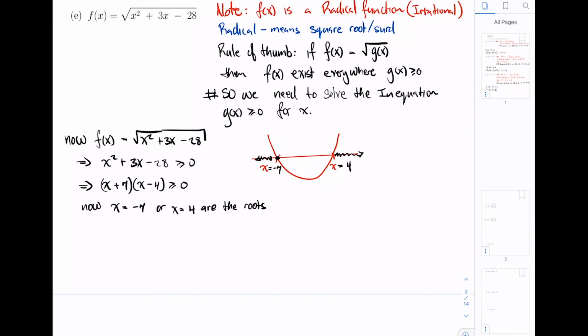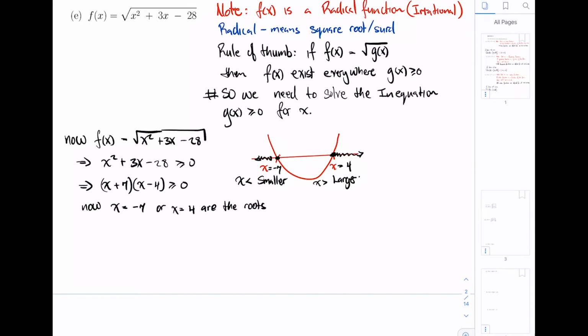Because -7 is the smaller root. And we need to say that x is greater than 4 because x equal 4 is the larger root. So this is the larger root, and this is the smaller root. So we always need to say x is less than the smaller or x is greater than the larger whenever we're solving this type of inequation.